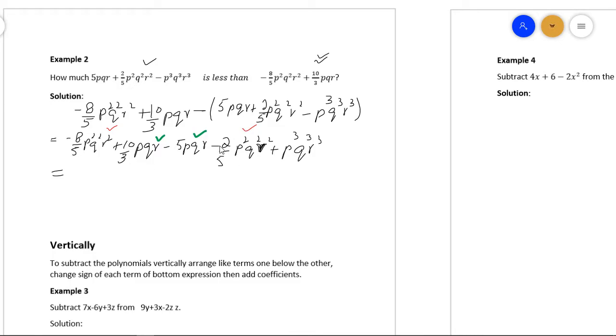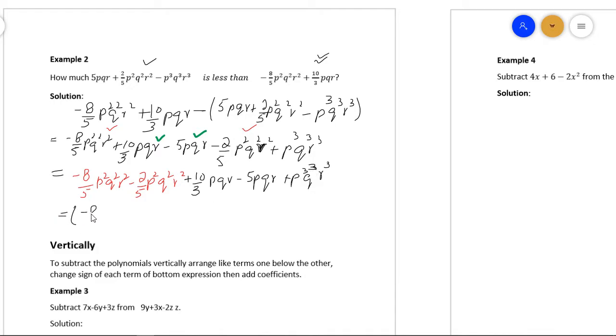So we will write the like terms: minus 8 by 5 p square q square r square minus 2 by 5 p square q square r square plus 10 by 3 pqr minus 5 pqr and plus p cube q cube r cube.